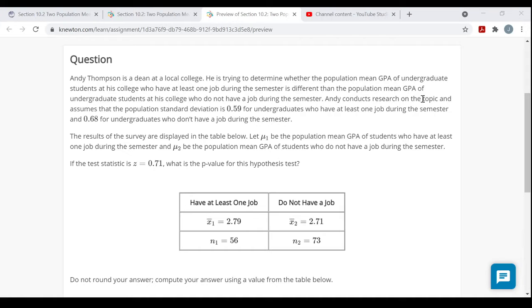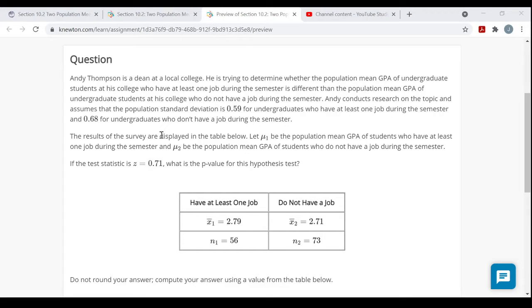Andy conducts research on the topic and assumes that the population standard deviation is 0.59 for undergraduates who have at least one job during the semester and 0.68 for undergraduates who don't have a job. So these are like sigma 1 and sigma 2, the known population standard deviations.